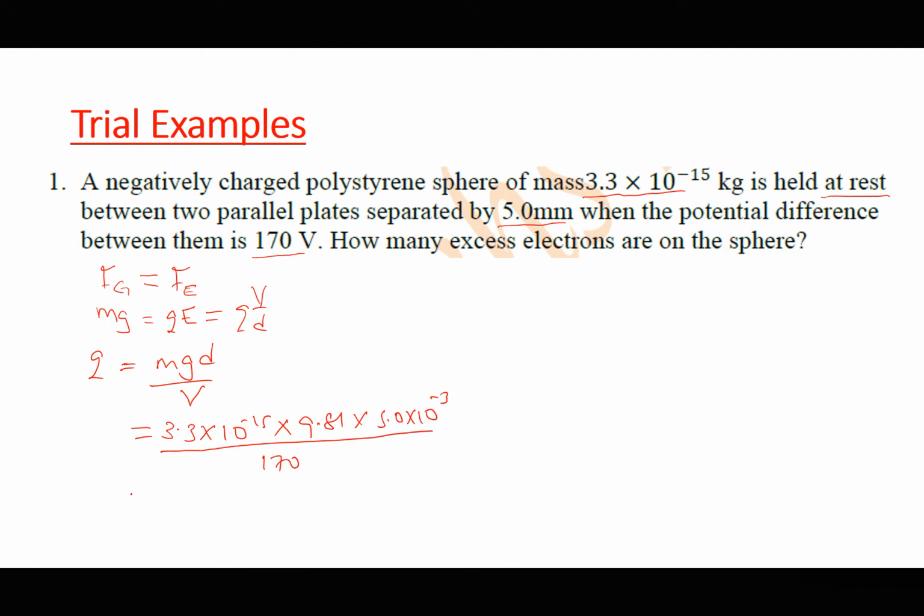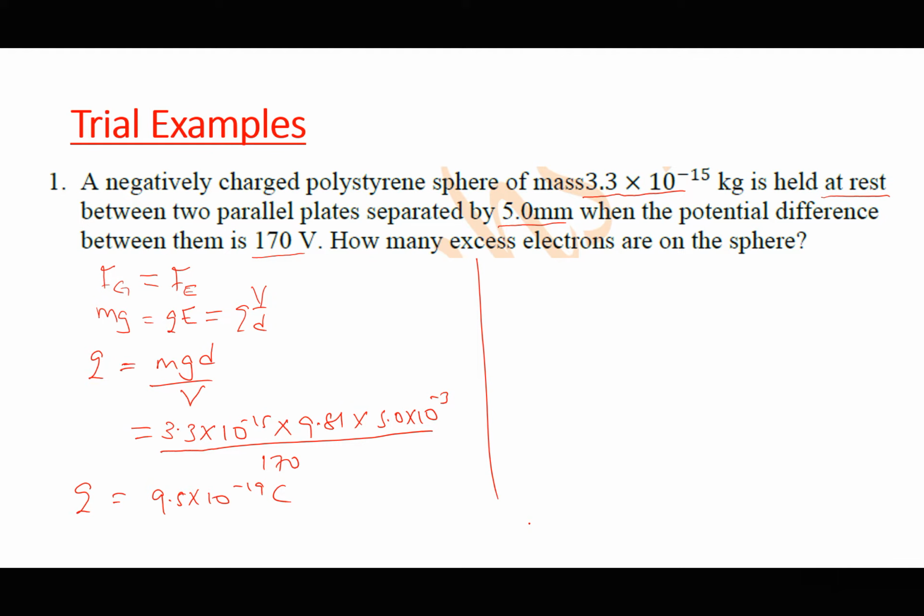When I press my calculator, I find that Q is 9.5 times 10 power negative 19 coulombs. That is the value of Q.